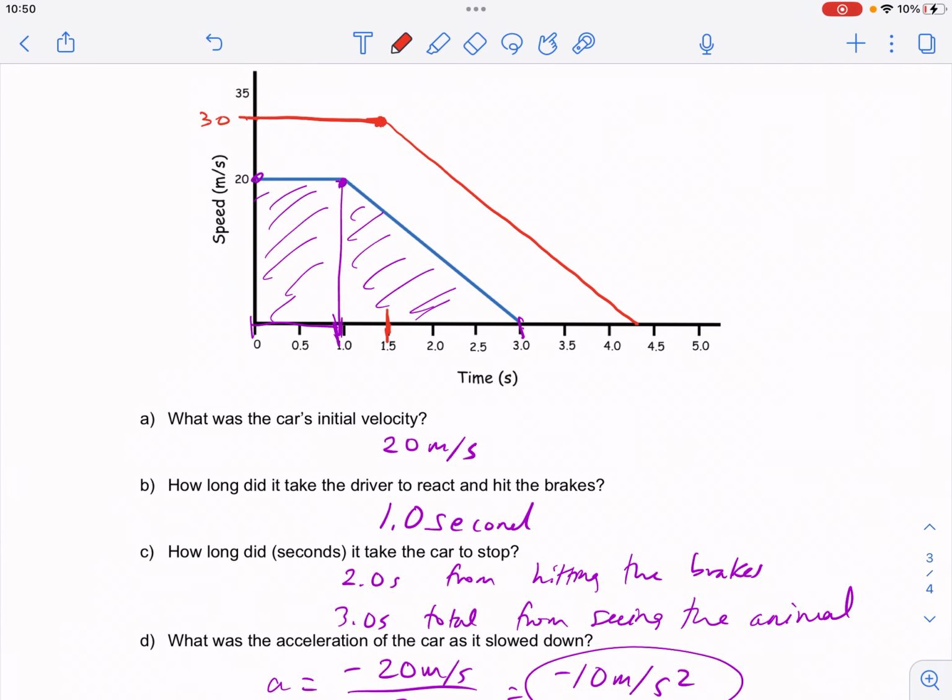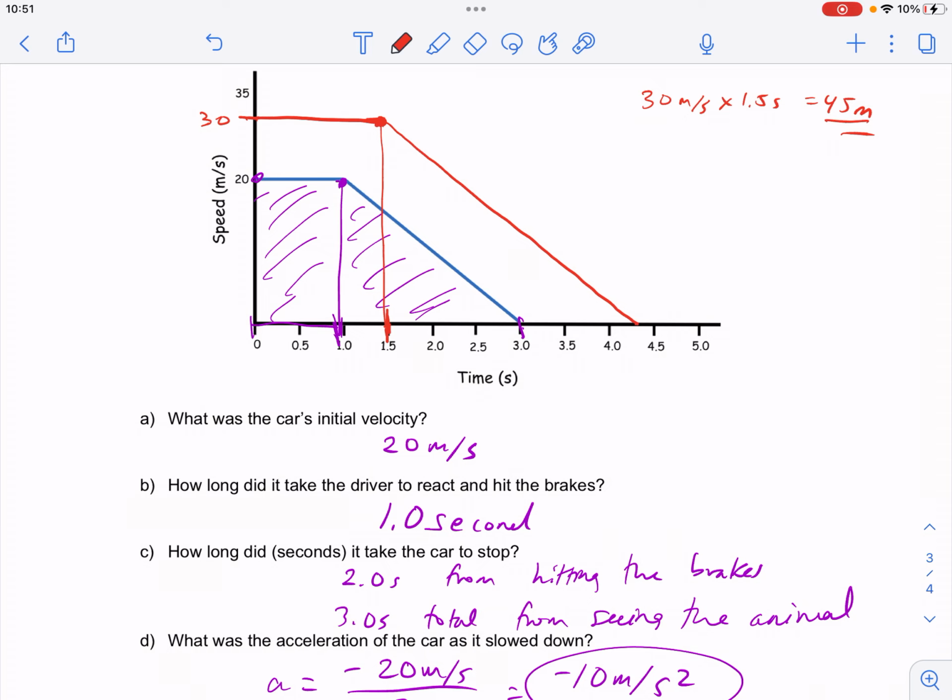So if you're going to do this one, you'd have to do that the area here is 30 meters per second times 1.5 seconds. So that's 45 meters, and I think we're pretty sure it's going to hit this animal because it's gone 45 meters before it even hits the brake, before the person even realizes that there's an animal and they want to stop. They've already almost hit the animal.